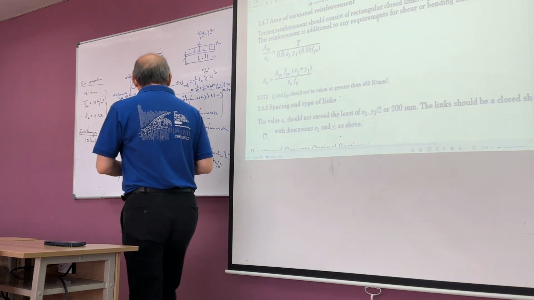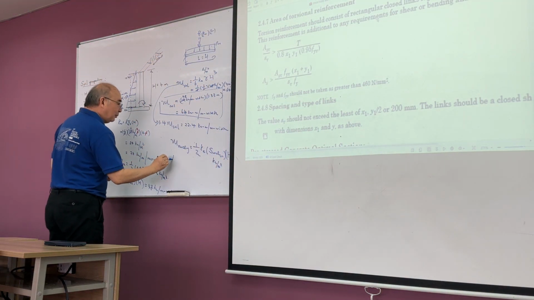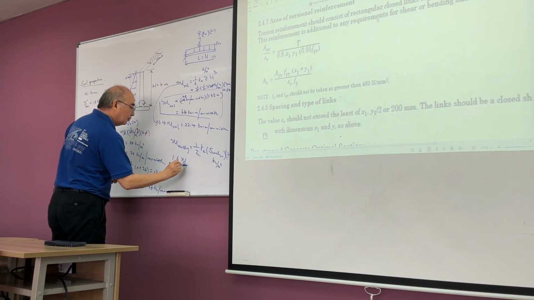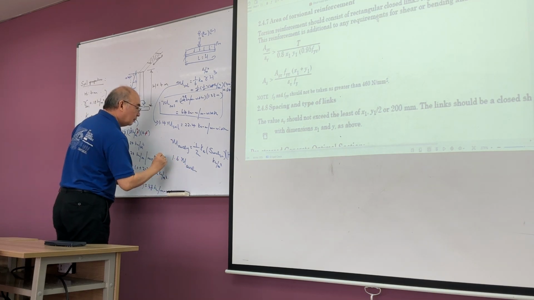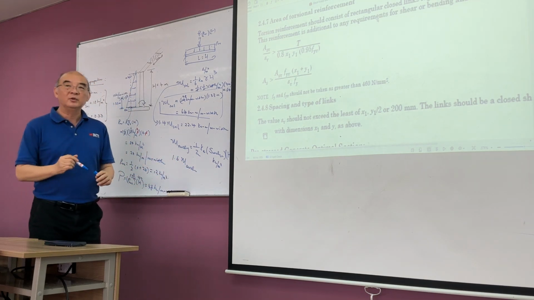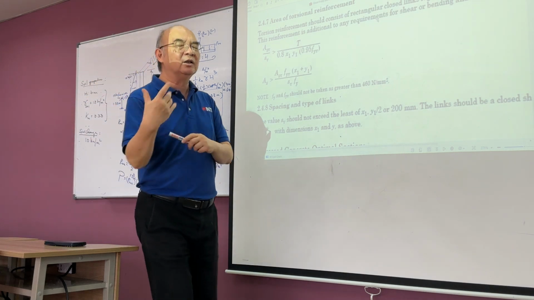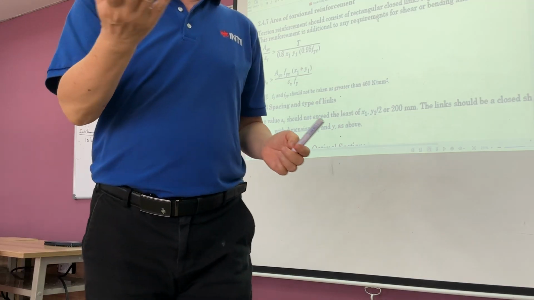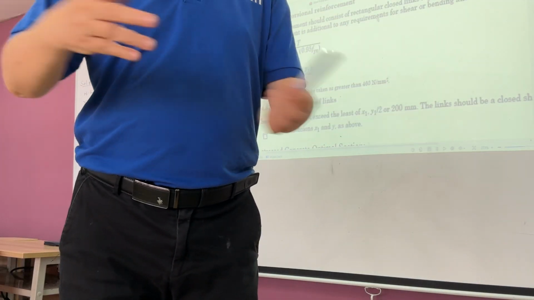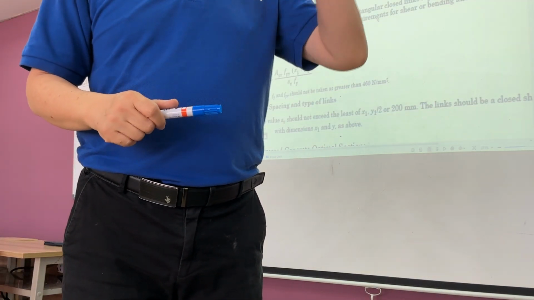Okay, so after you do the surcharge, you multiply by 1.6. Okay, multiply by 1.6. So get this one correct. Okay, if you get this correct, even if your design is not right, at least you can still, let's say, get 8 out of 25 marks. Just memorize the formula.